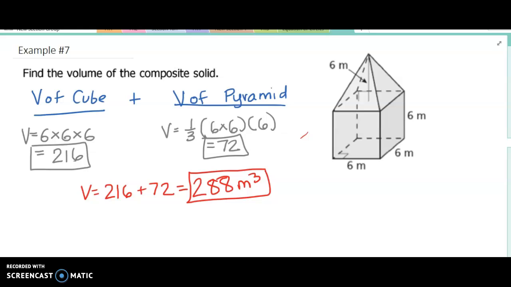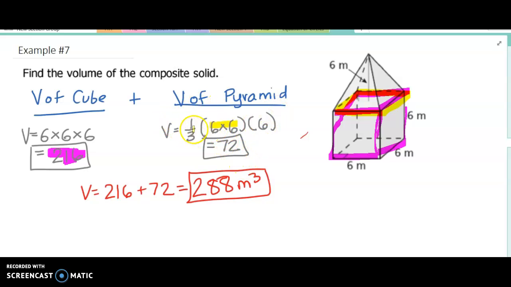All right, so you got the volume of this cube is just length times width times height, which gives us 216. And then for this pyramid, now notice the 6 by 6 square is the base, so the area of the base is just 6 by 6.